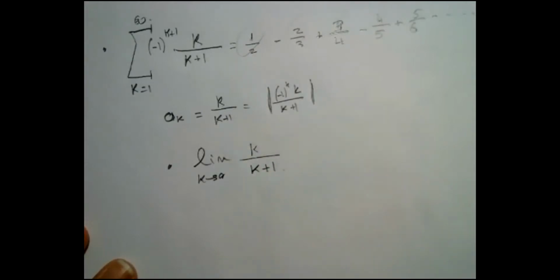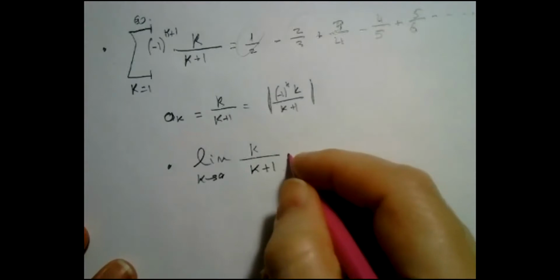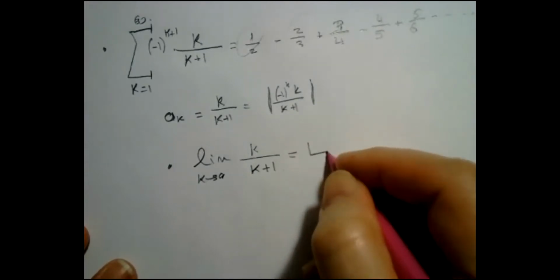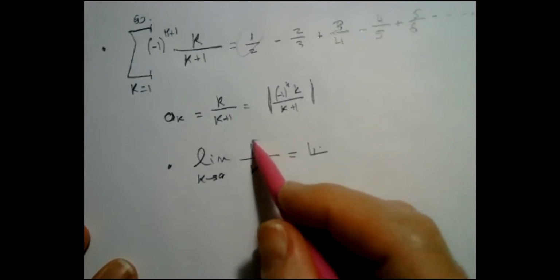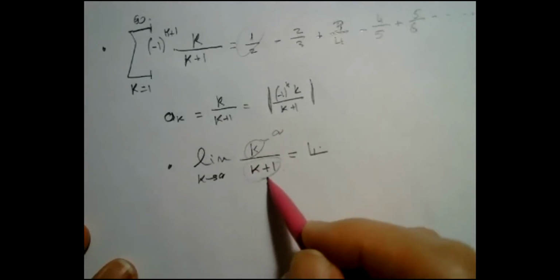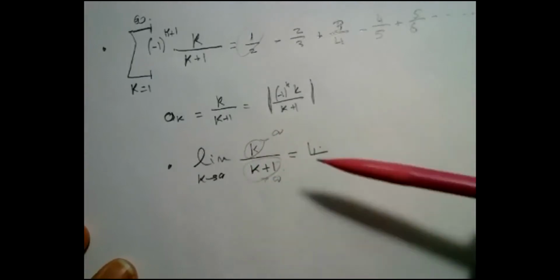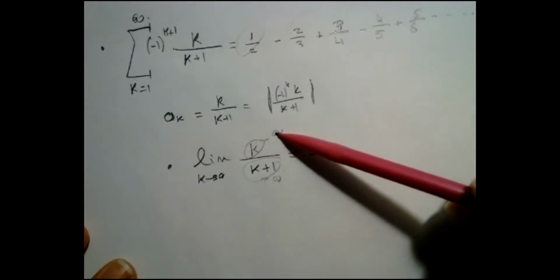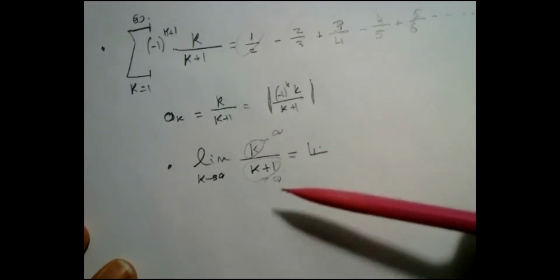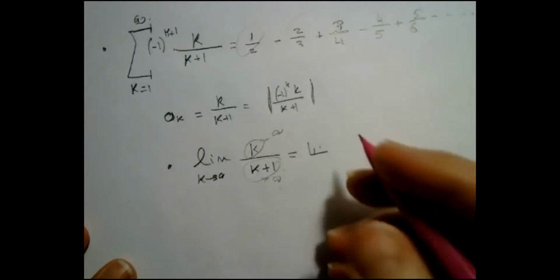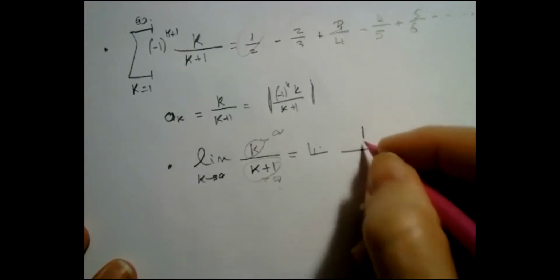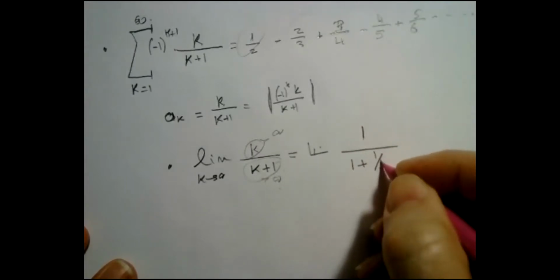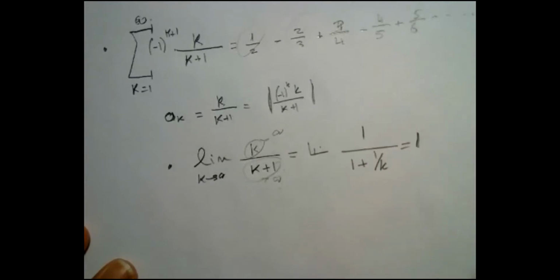What's the limit as k goes to infinity? Intuitively, when k is large, almost k over k is equal to 1. If we divide both by k, you get 1.